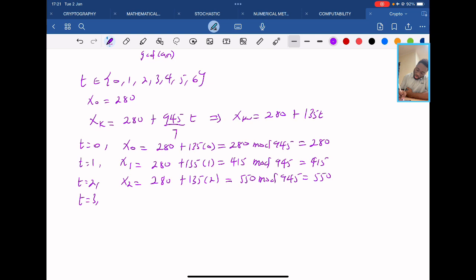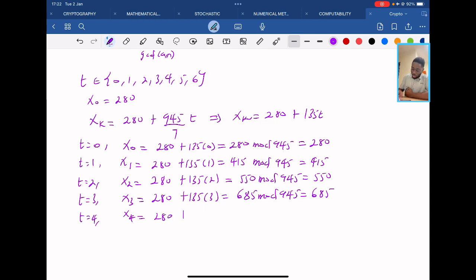When t is equal to 3, I'm going to get 685 modulo 945, and that is 685. When t is equal to 4, we are going to get 280 plus 135 times 4, and that is 820 modulo 945, and that is equal to 820.